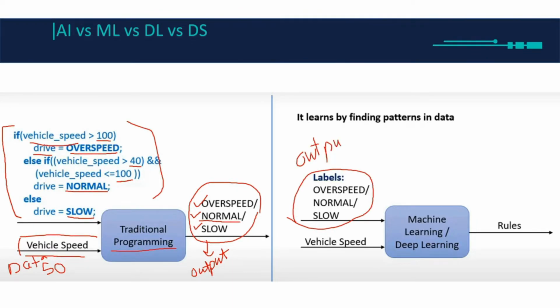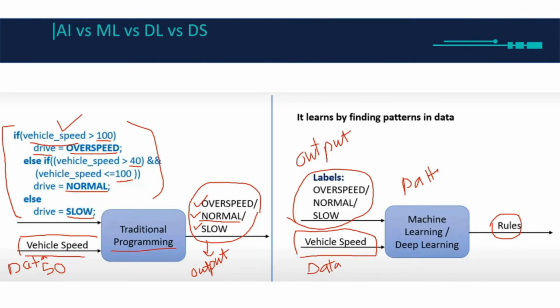Now you'll be like, how am I giving you the output? Because I already have the data from last year or from previous experimentation or something like that. And I'm the one giving the data here, the vehicle speed. I'm always giving the data in both ways. And machine learning and deep learning is going to find the rules or the instructions, which is this thing. This is how it's going to find it, by finding patterns.